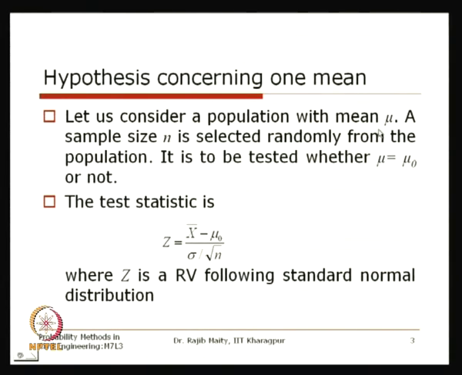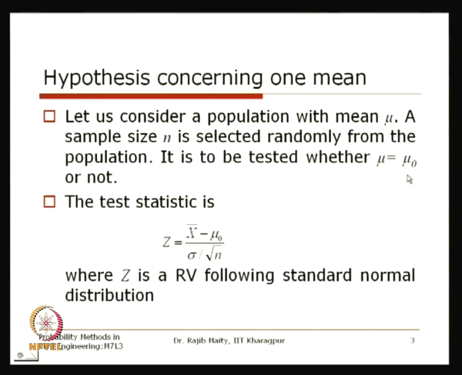Well, hypothesis concerning one mean: let us consider a population with mean mu. A sample of size n is selected randomly from the population. It is to be tested whether mu is equal to mu naught or not. This mu naught is a threshold value.